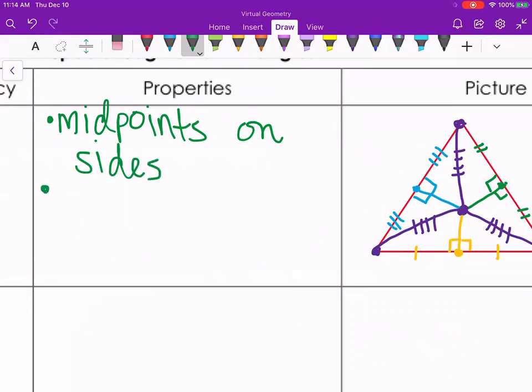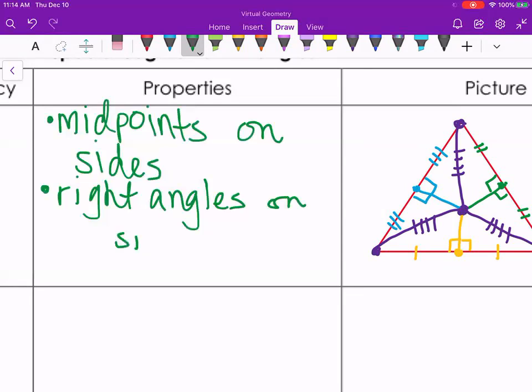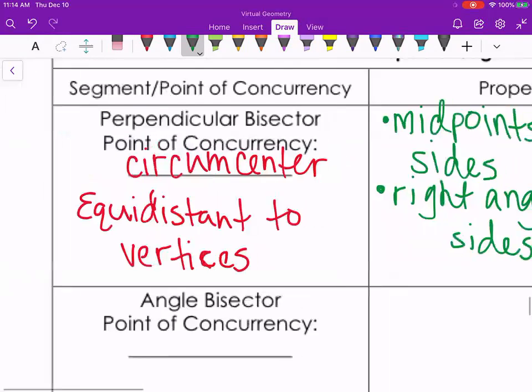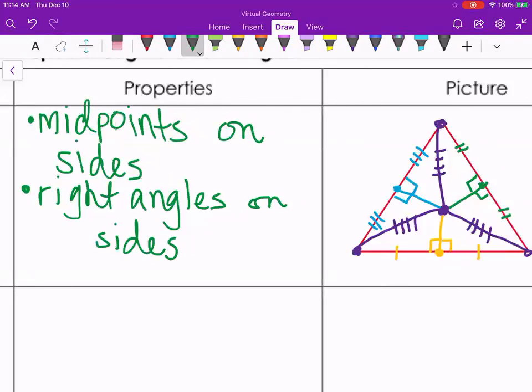You've got right angles at the sides. Okay, and again, the circumcenter, like it says for the property, equidistant to vertices. That dot is equidistant to all of the corners.